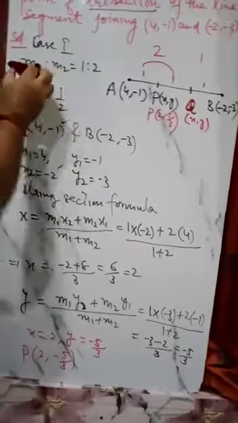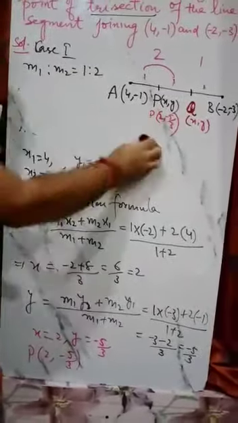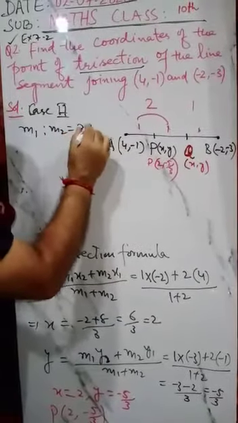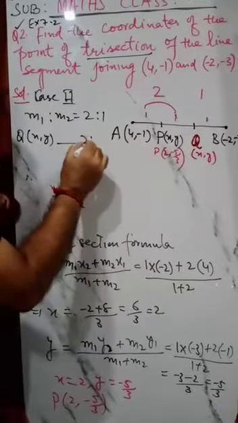For case number 2, let us start the second case. This time m1 is to m2 is 2 is to 1, because now the point is Q(x, y), which divides the line in the ratio 2 is to 1.